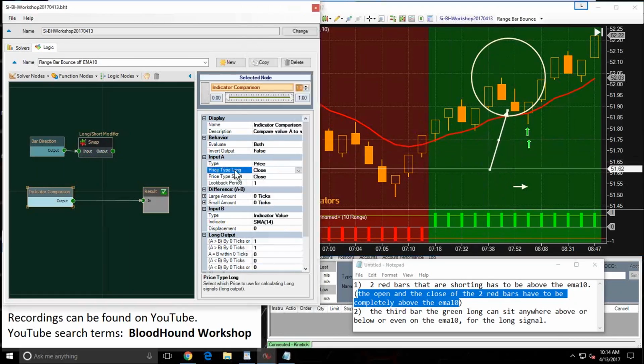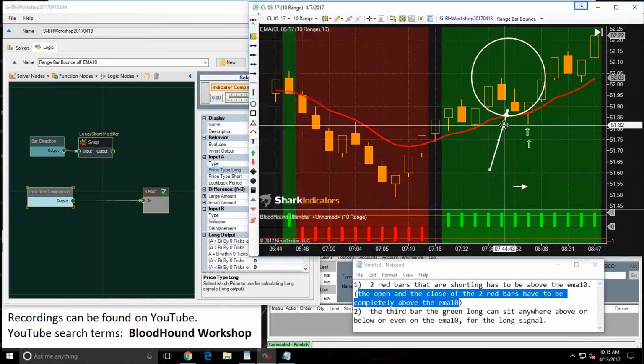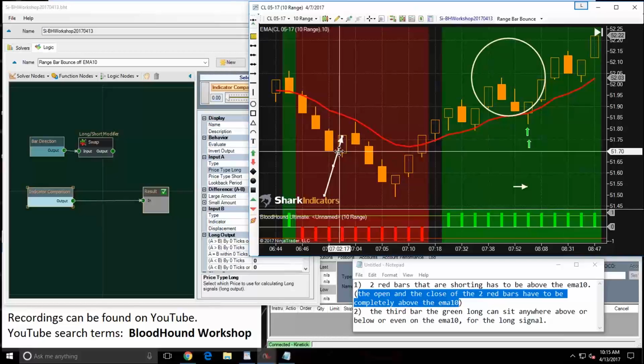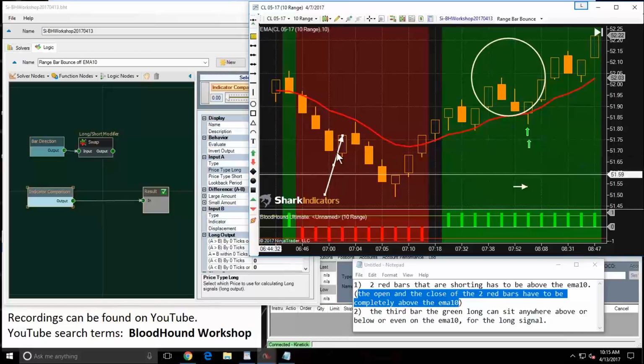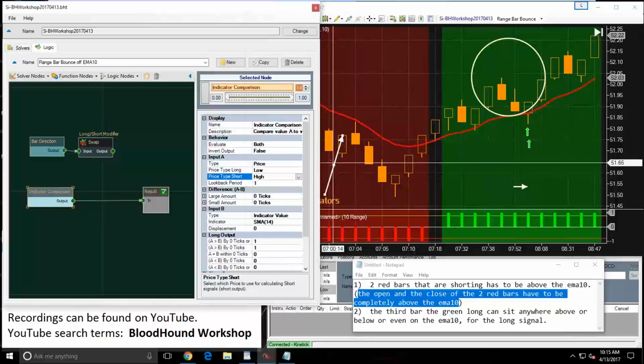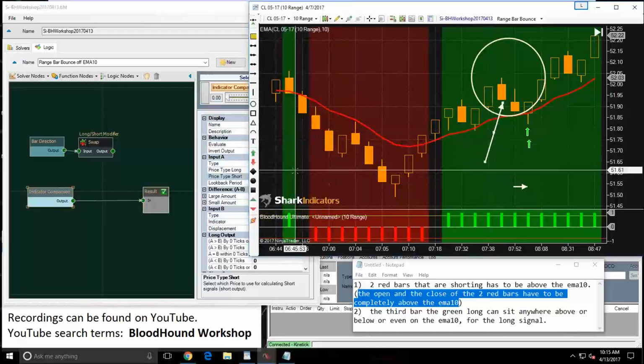So for price type long, to generate a long signal, we're looking at the low price of the bar. So select that. And if we were generating a short signal, we would just use the opposite price, which would be the high of the bar. So for the price type short, let's set that to the high of the bar, like so.